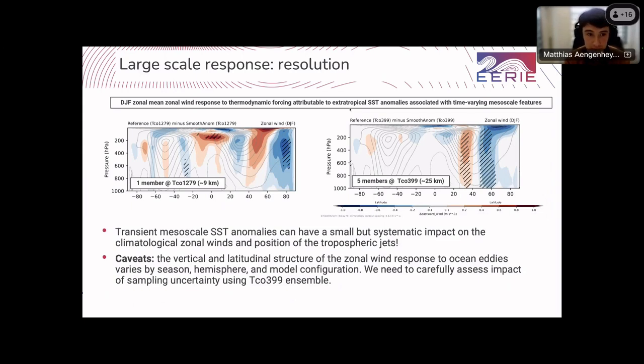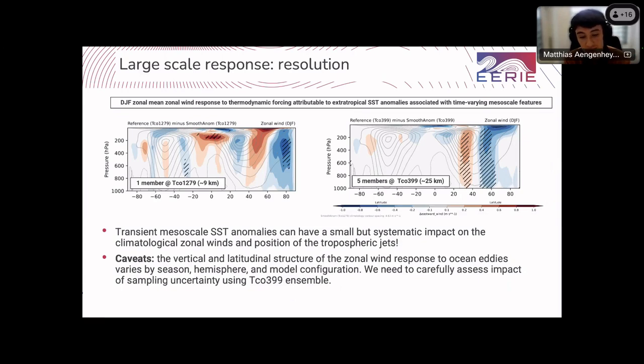So taking one panel from the previous slide, just the difference in DJF on the left and comparing it to the corresponding data for the low resolution, shows that those don't necessarily agree. And we'll look into more if the left is just randomness, or if it could also be a feature of resolution.